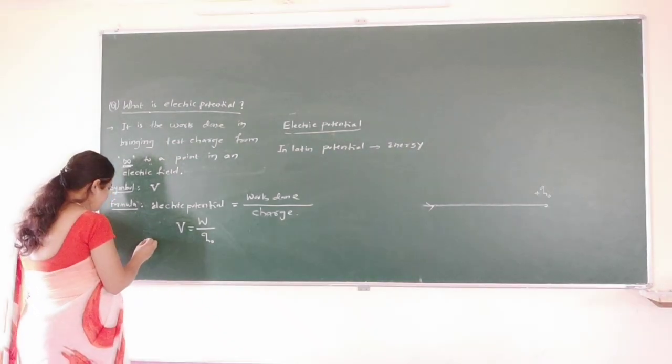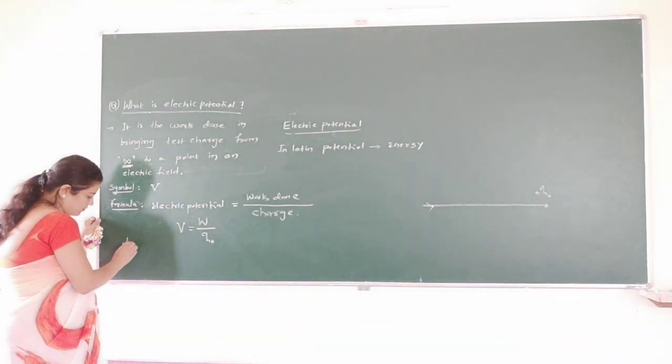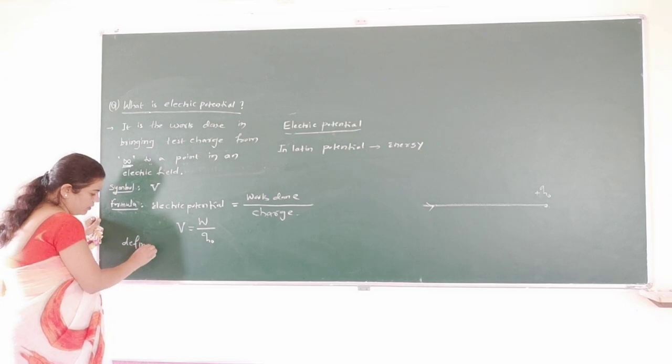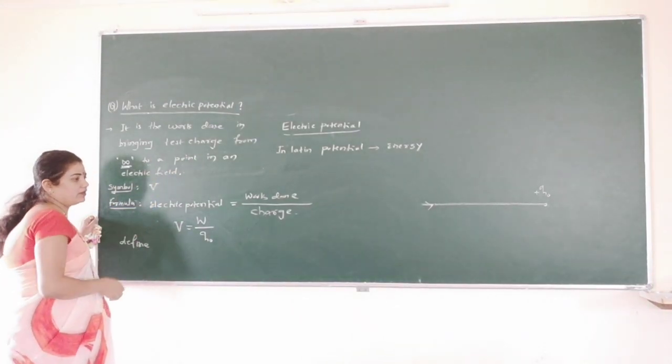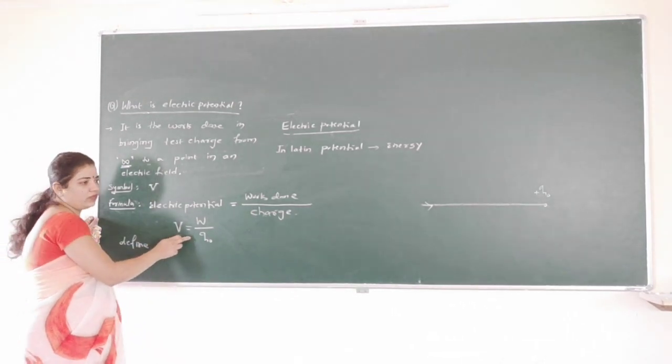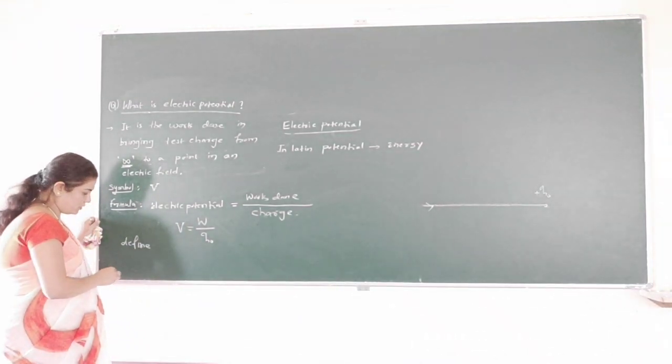Define electric potential. When asked "What is", write the earlier statement. But when asked "Define", do not write that; define is always written using the equation, using the formula.